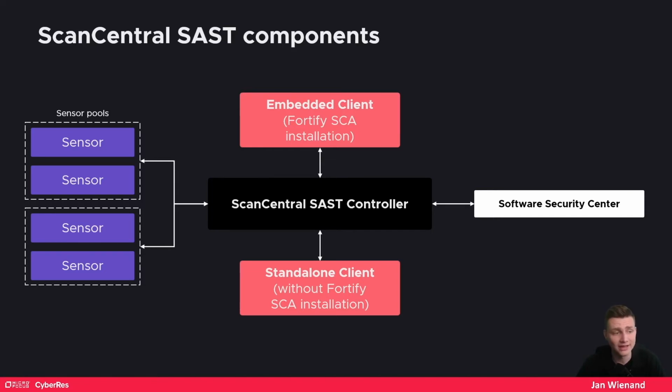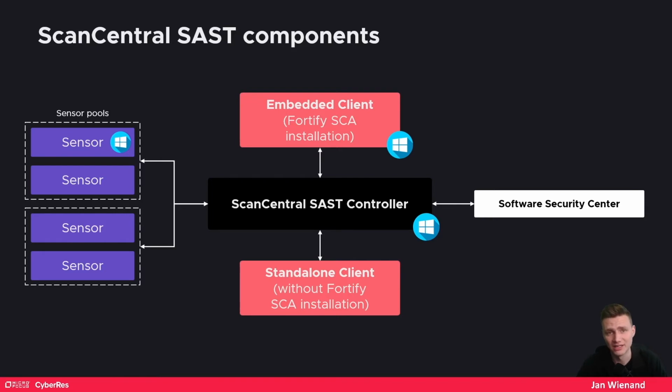And in our case, we are going to install the controller on a Windows server. So in this case, we are going to install not only the controller, we are also going to install the sensor and an embedded client on one single Windows server. I can't recommend doing this on a production basis.